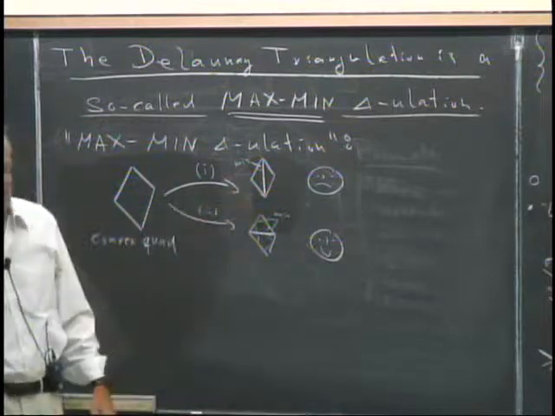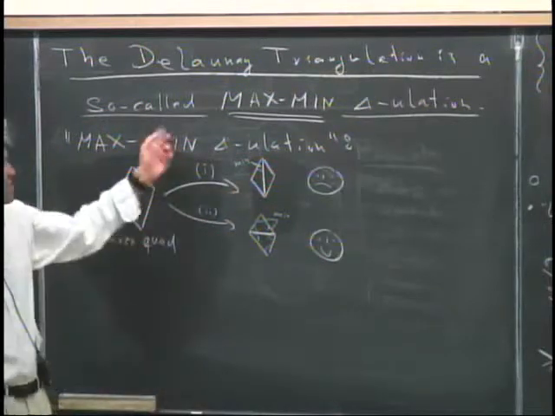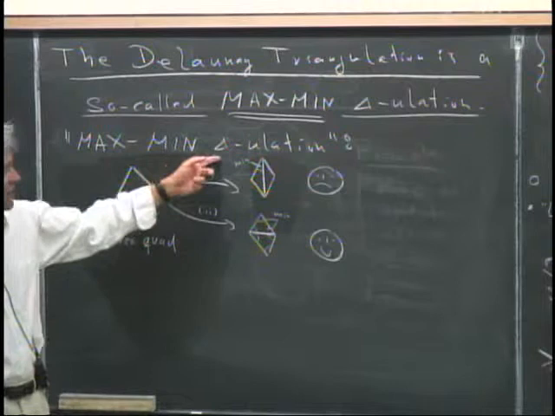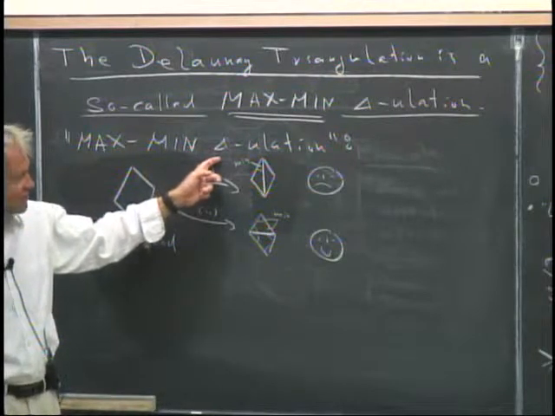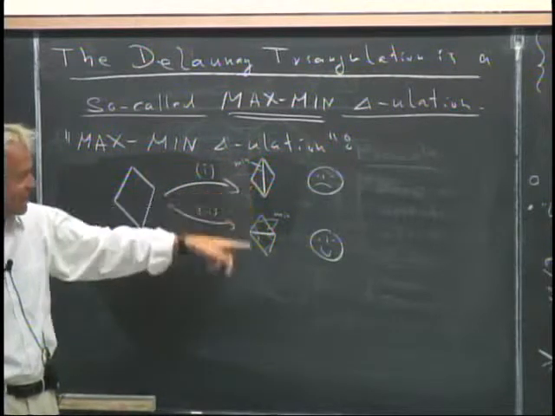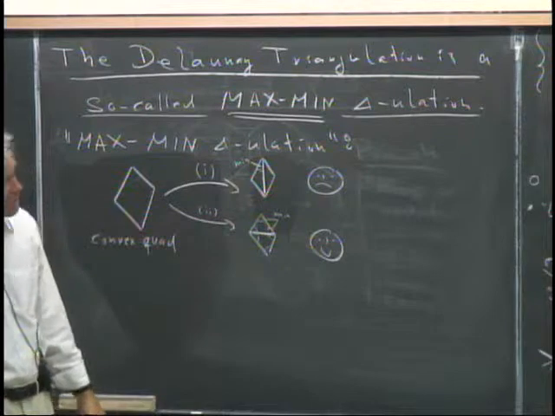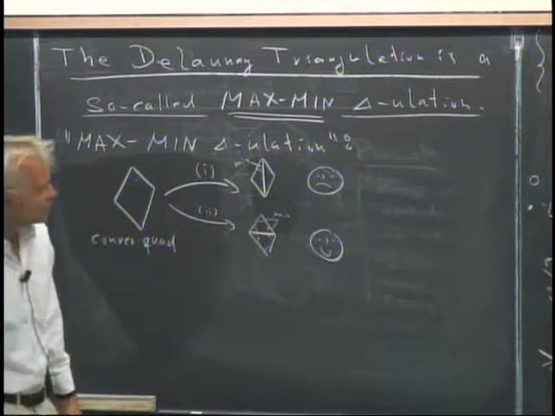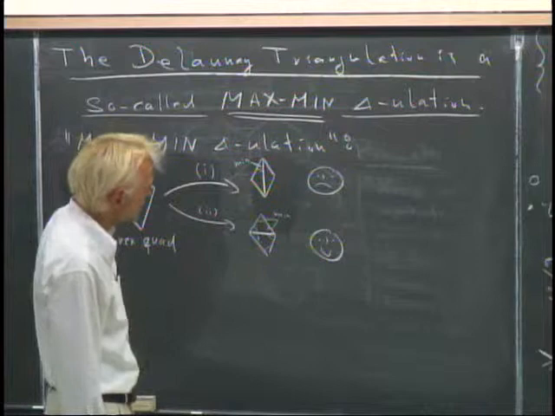This is more than 60 degrees, so that's why we like this better. In the spirit of maximizing the minimum angle of the 6 angles that we have in the triangulation of a convex quadrilateral.